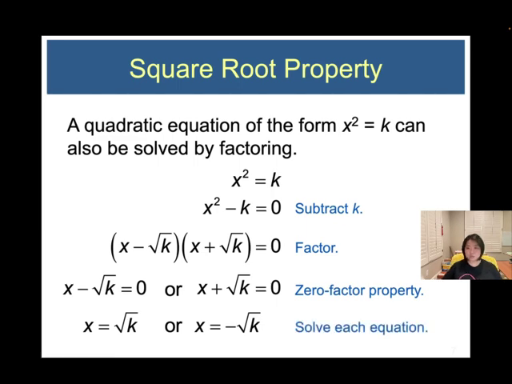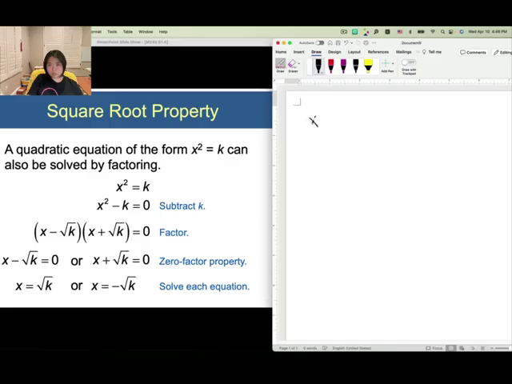Or I will do it this way. I have x squared equal to k. Instead of subtracting the k, I will just take the square root of both sides. When we take the square root, this is an even root, so we add plus minus here.